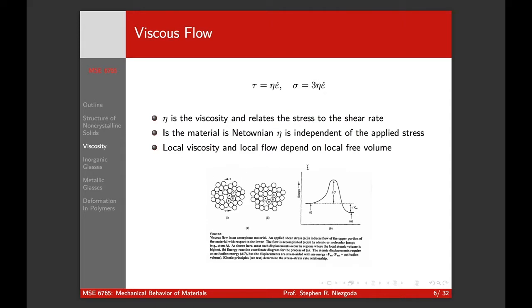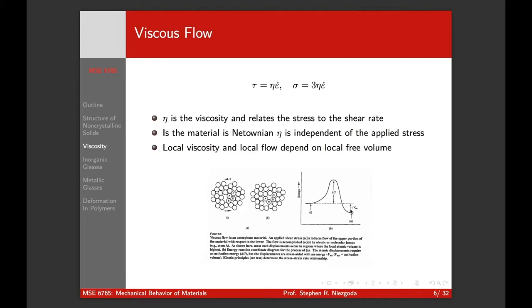And our local viscosity and our local flow depends on the free volume, right? So basically, we can just think about this in terms of an activation energy threshold, right? And if there's less free volume, right, this difference between an energy between the initial state and the final state, right, is basically our stress times the activation volume, right?